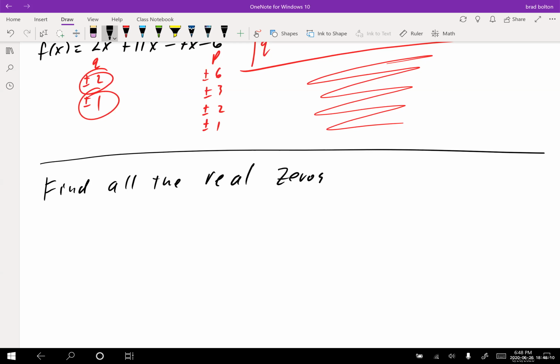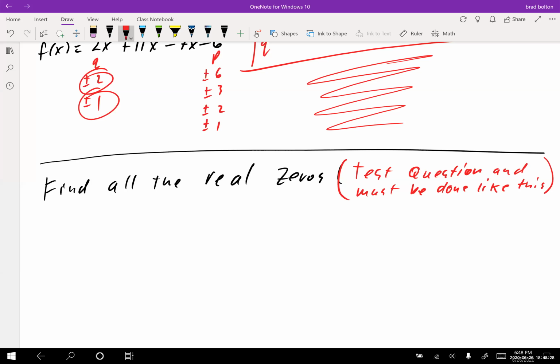This is a test question and must be done like this. I'm going to give you a specific way I want you to do it. Obviously, it's not a cookie cutter that always works. You do have to decide certain things, but in general, this is how it should work.